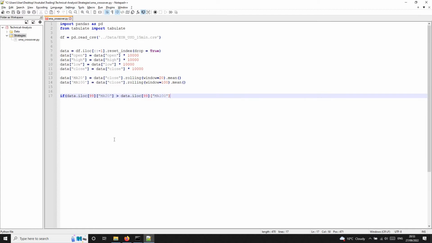So I'm going to now check the start of the position, because now we have the 1,000 entry points, so we're starting from the first entry. What is it at that point of time? Is the moving average 20 above or below 100? Because if it is above, then when a crossover happens, it will be a short position, sell.